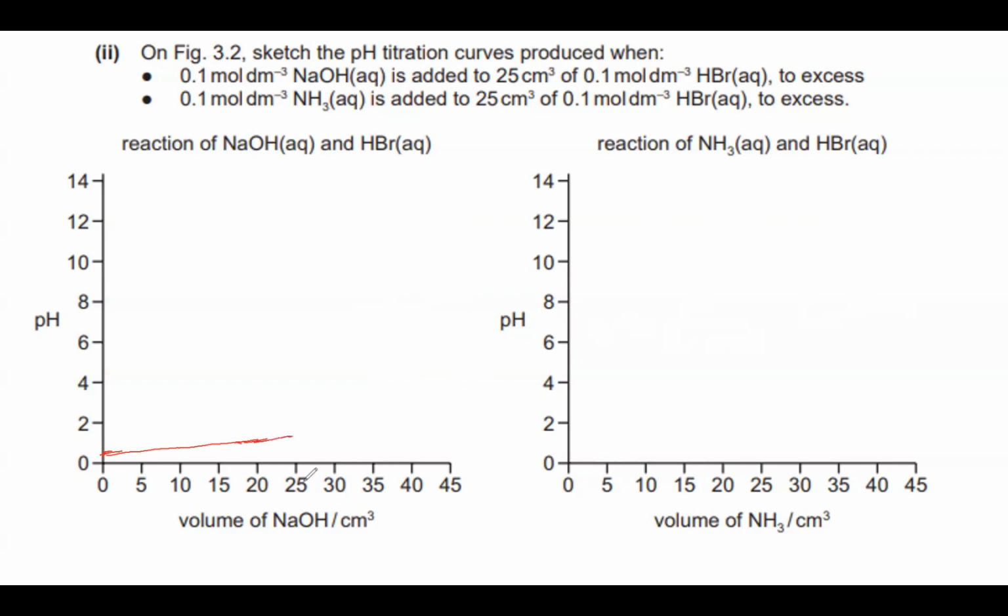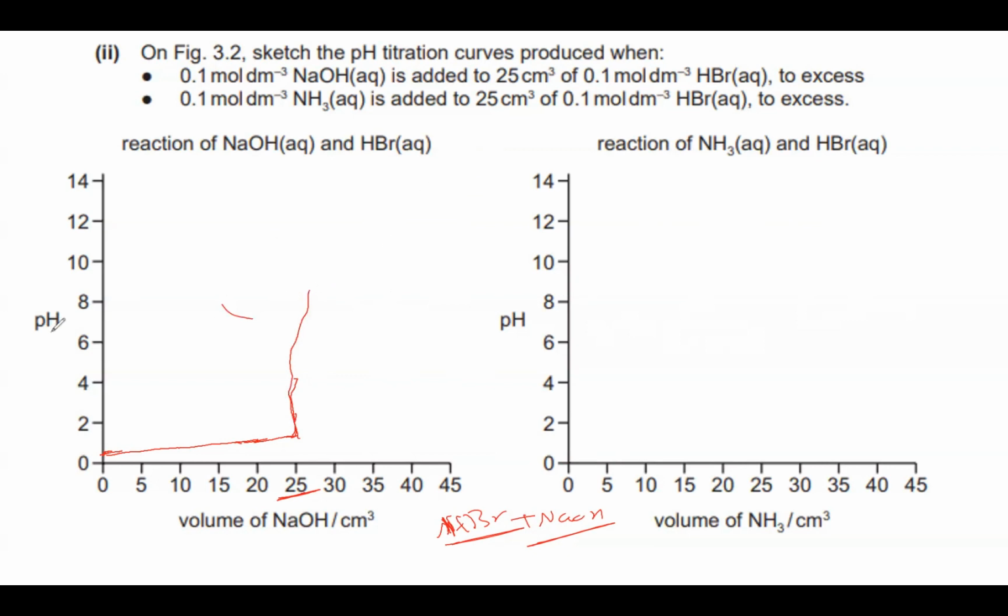But at 25 centimeter cubed, all of the HBr inside the solution completely reacts with NaOH. So we no longer have HBr, and the pH jumps abruptly to a higher value. Sorry for this curve.